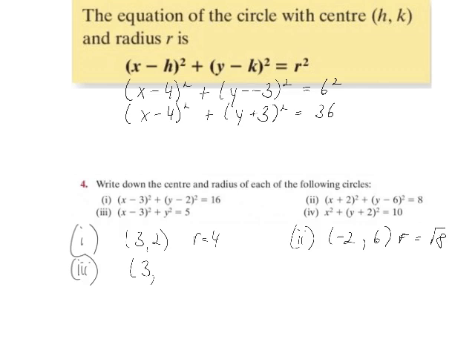So if it's just y squared here, the value that was taken off is 0, so the k is 0, and the radius is √5. And iv, the same here, we just have x squared. That means the h is 0. So we have the center at 0, -2, and the radius is √10.